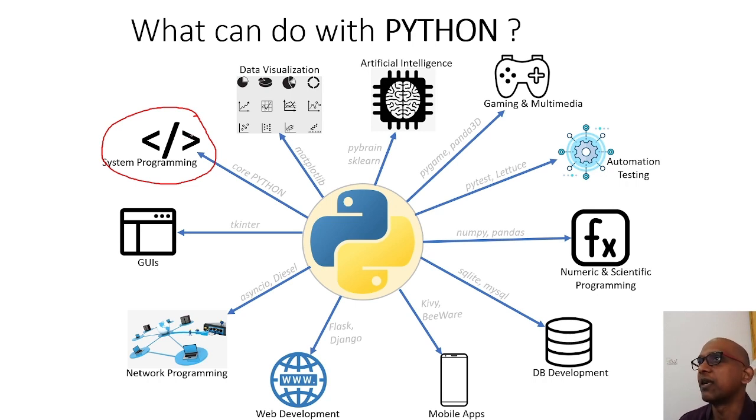If you want to write some content to a file, you can also do that with Python code. You can copy files, create folders, and do everything with system programming. Whatever you are doing manually, like creating folders and copying files from one folder to another, you can do using Python programming. That is what we call system programming.